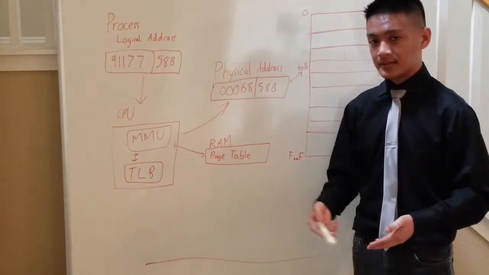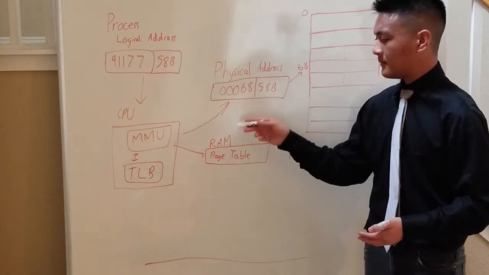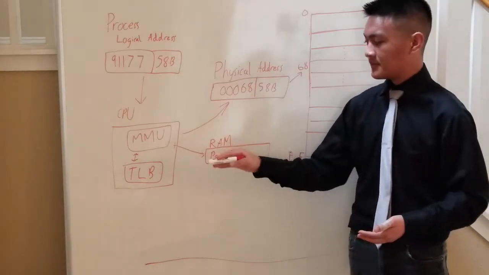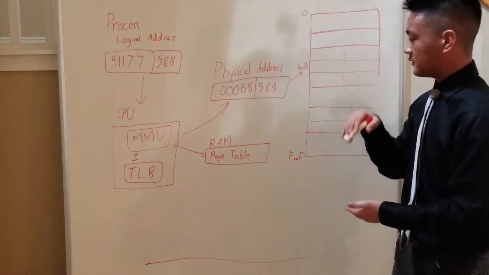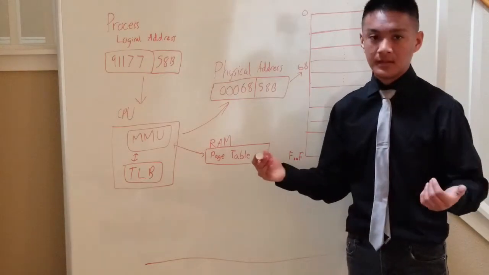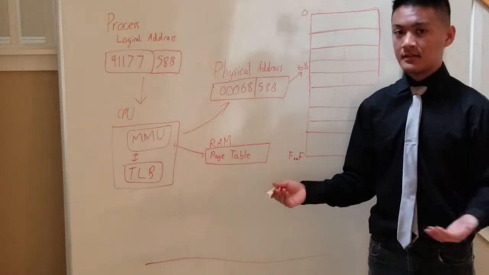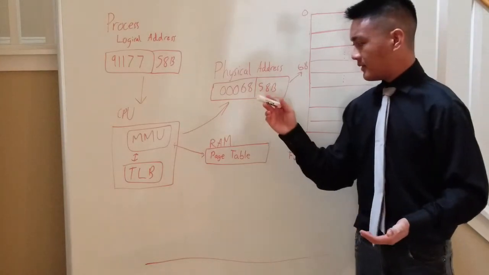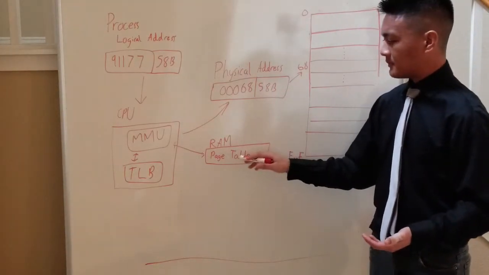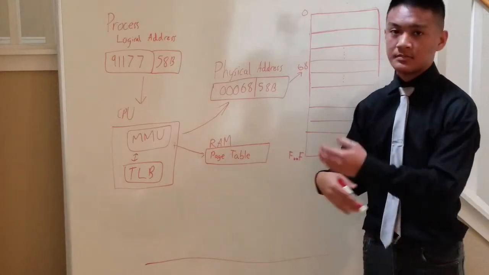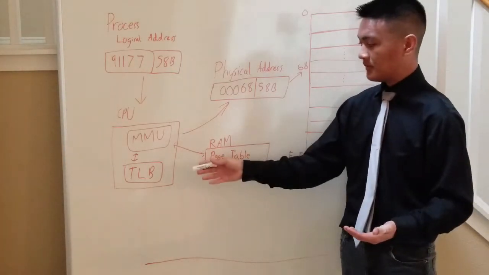If it is, called a TLB hit, the MMU will simply take the physical address from the TLB to the physical memory to look up and retrieve the data. However, if it is not, called a TLB miss, the MMU will have to go to RAM to look at the page table, and the process is pretty much the same as without the TLB.